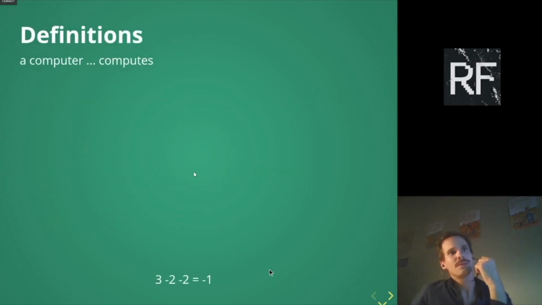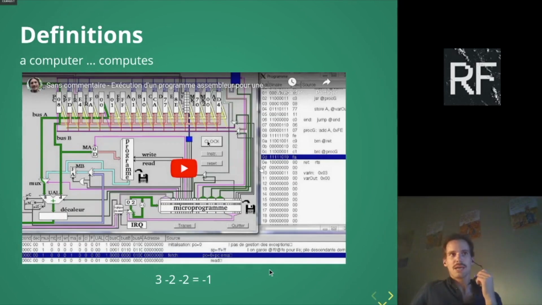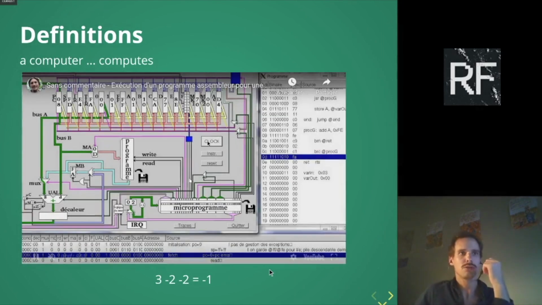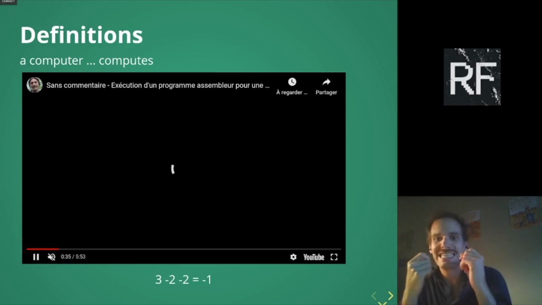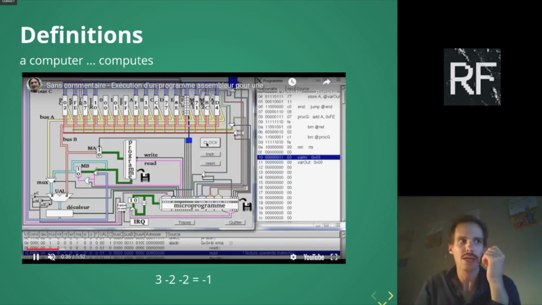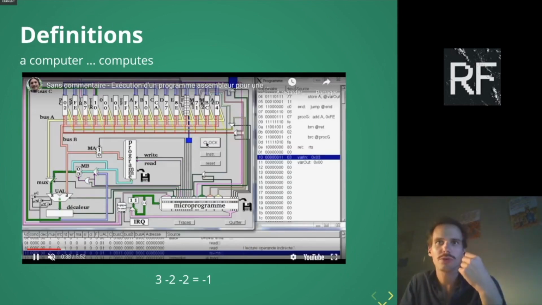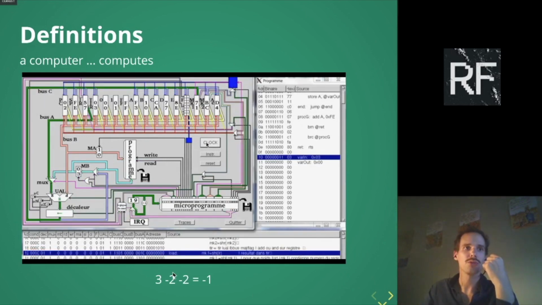So let's begin with the beginning. What does a computer do at its core? It's quite simple. It computes, it calculates, and these videos show a small and low-level program that computes 3 minus 2 minus 2.